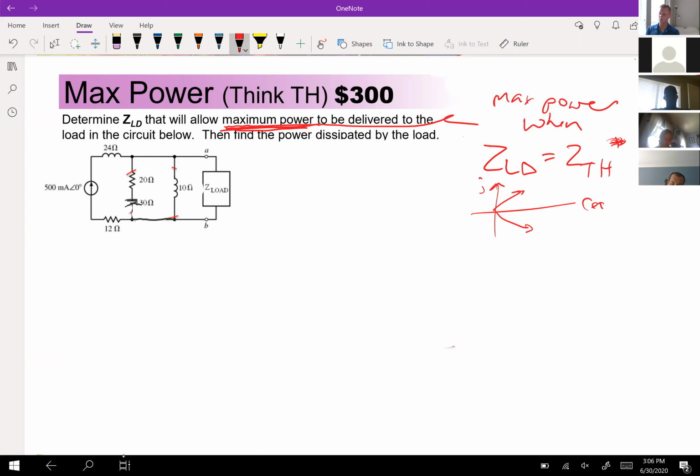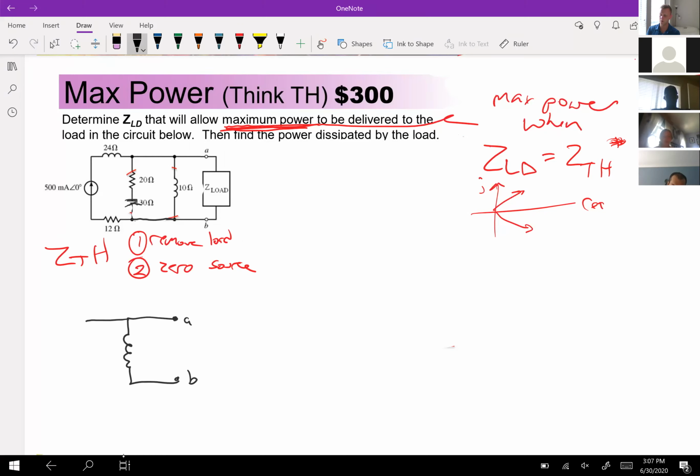The first step is I remove the load. So for Z Thevenin, one, remove the load, and two, zero the source. If I wanted to redraw this, I remove the load, there's A and B. Across here's the inductor, the resistor, and the capacitor.